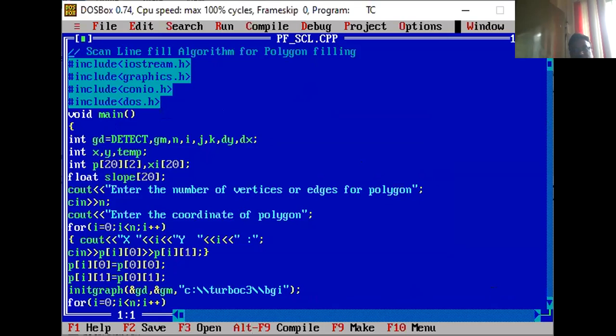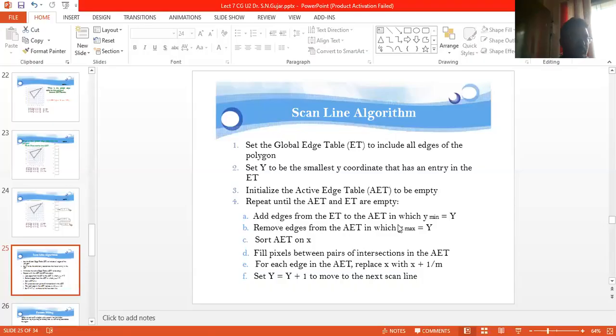So just I have to stop sharing and share the screen. Scan line. Wait for a moment, I will take the attendance.